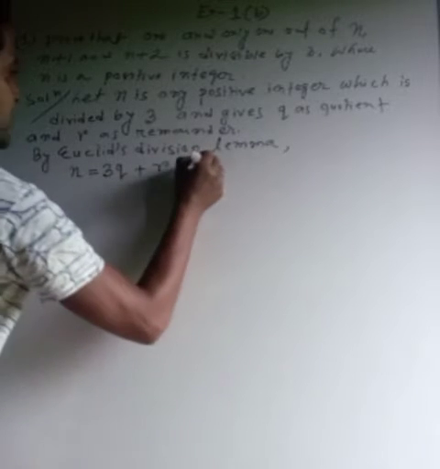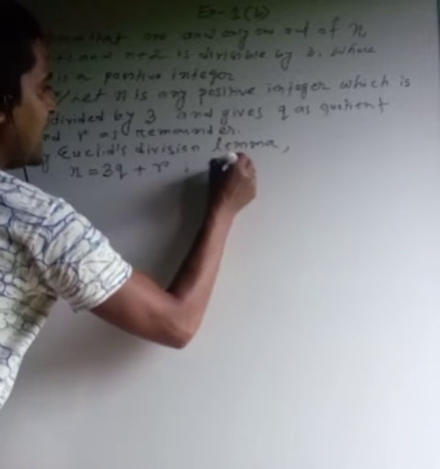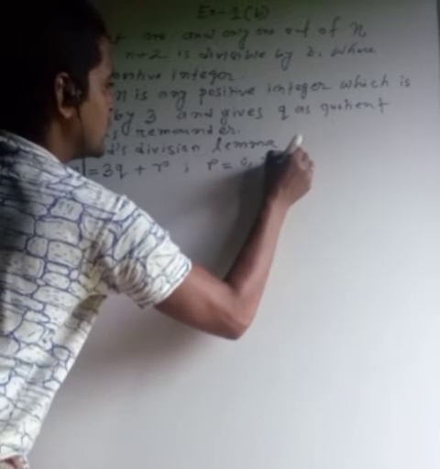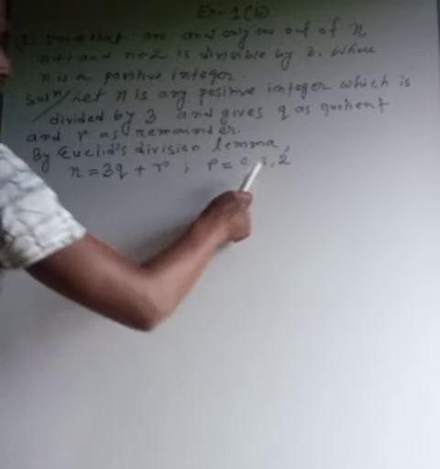Very important part. The remainder r will be 0, 1, 2. The r value should be 0, 1, 2. Why?